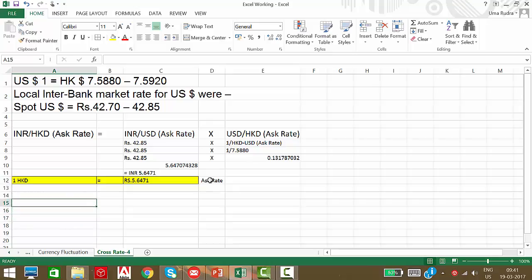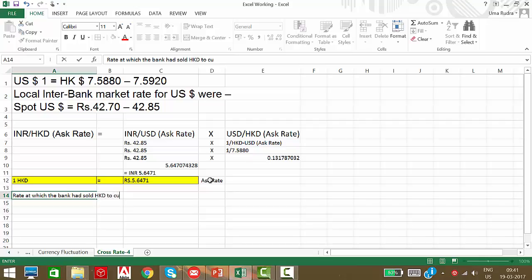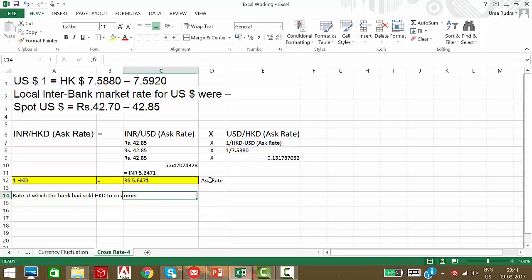Now let's see whether they have gained or lost through these transactions. The rate at which the bank had sold HKD to the customer, what was that rate?